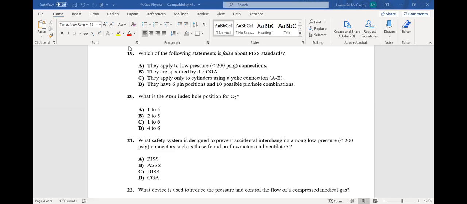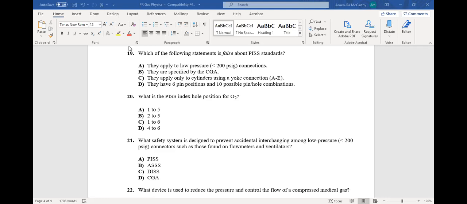Number 20. What is the PISS index hole position for oxygen? What is the pin for oxygen? 2 and 5, because remember, Mr. Boyd gave you a good way to remember that. If you're looking at the alphabet, air, A is first, so 1 and 5 for that one.